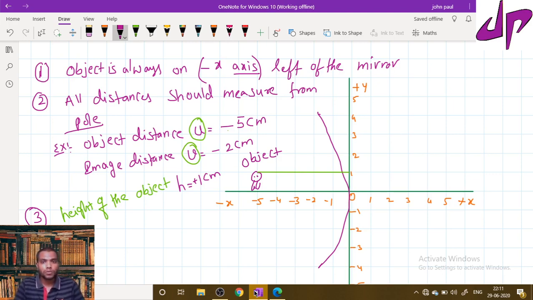Now suppose the object forms an enlarged, inverted image here.